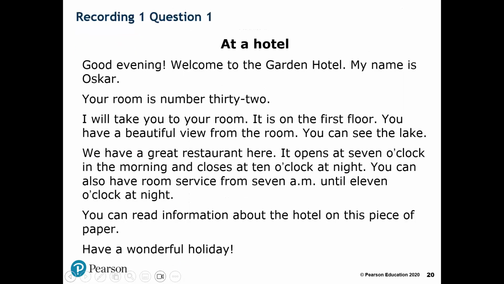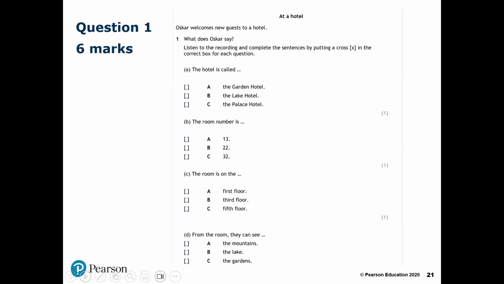If we look back at the transcript, welcome to the Garden Hotel, but we also notice that there is a view of the lake, so the word lake appears there as well. So we've got that little element of distraction. If you're listening carefully, you get that nice easy question, the Garden Hotel, but they do hear the word lake. So just make sure that students are really clued up to listening out for the detail. Just hearing the word lake would give you the wrong answer.